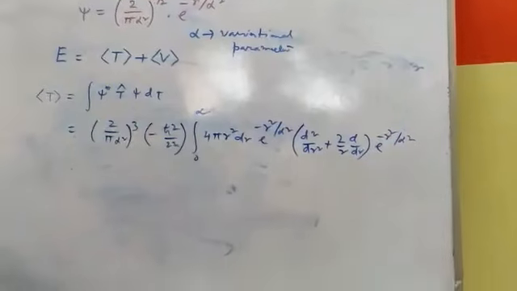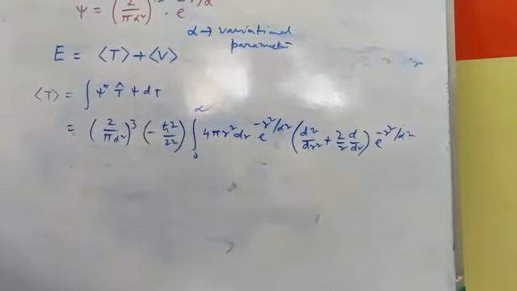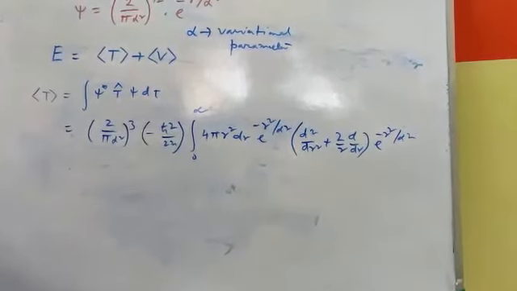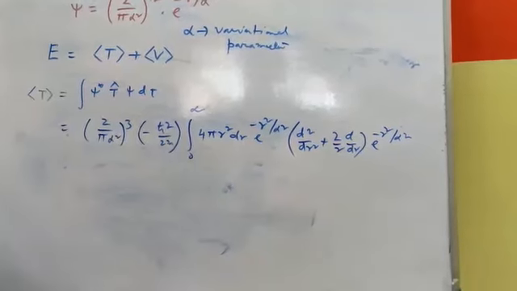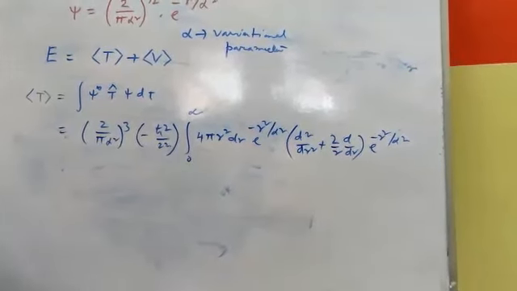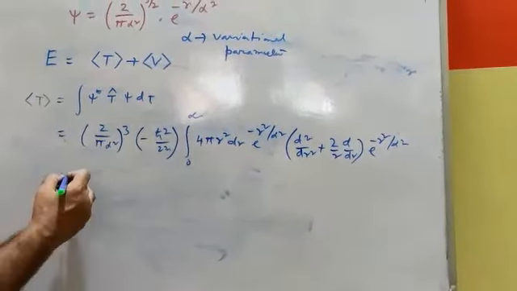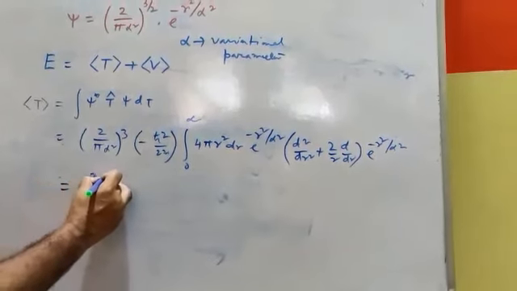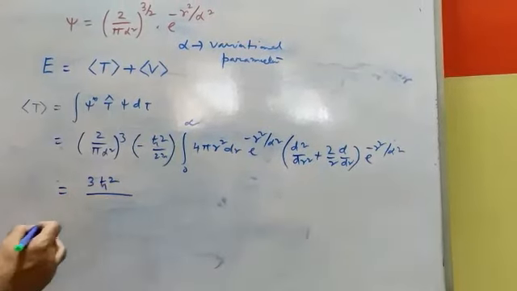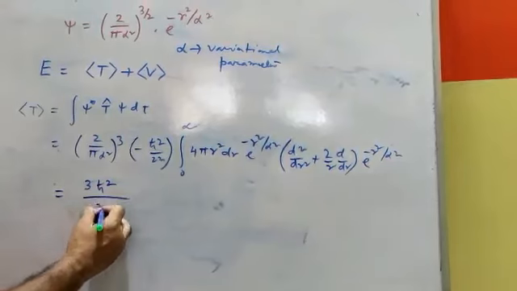You can do the integration here also step by step, lengthy but simple. So do it yourself, and ultimately you get a value of 3h cross square by 2m alpha square.